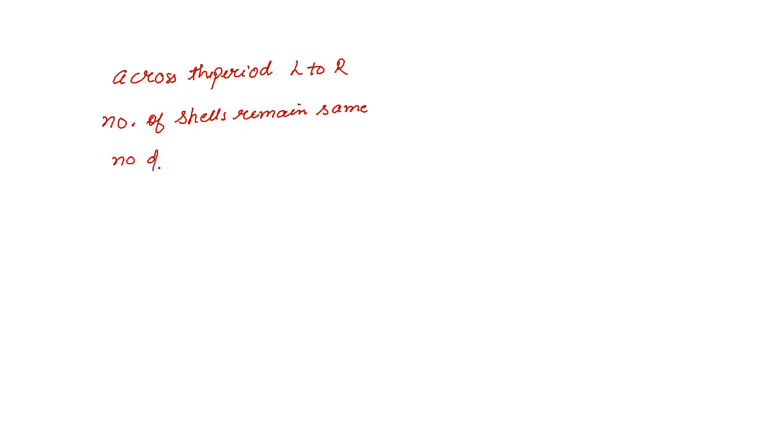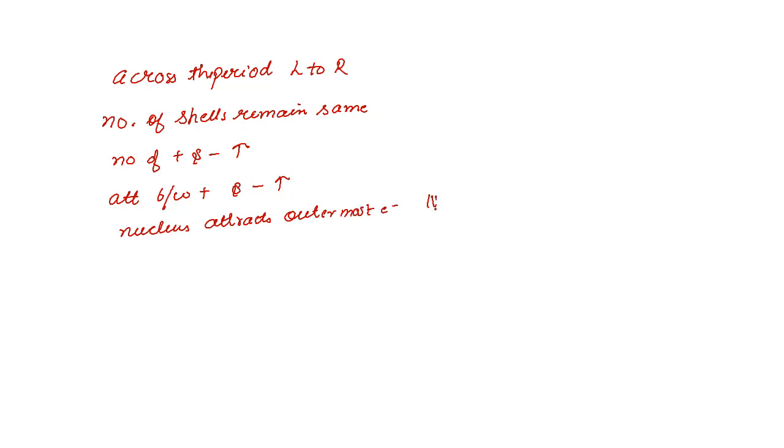But the number of positive and negative charges increases, so we say that the attraction between the positive and the negative increases. So the nucleus now attracts the outermost electron more strongly.